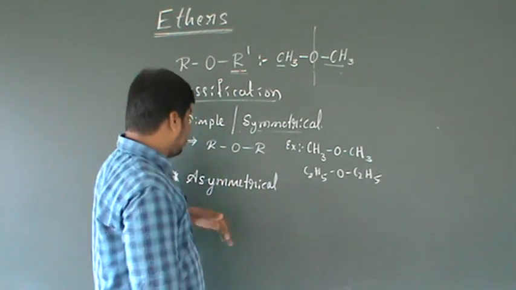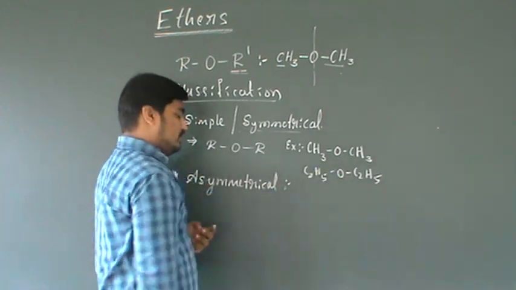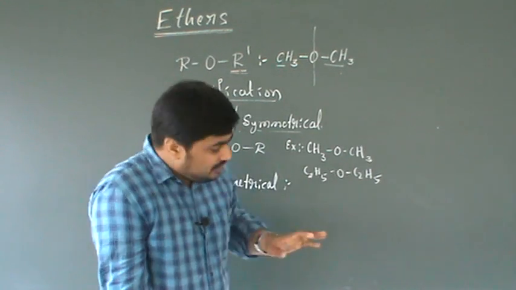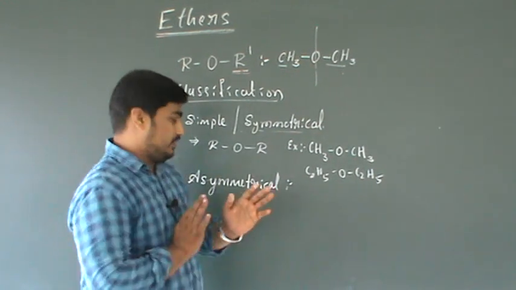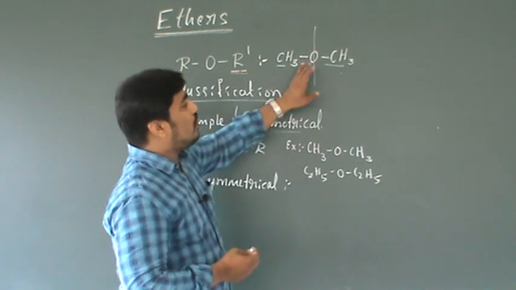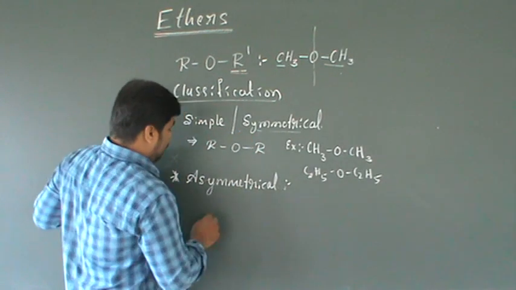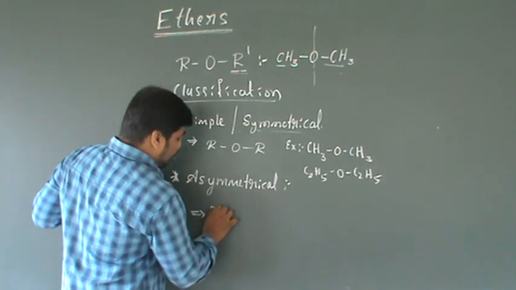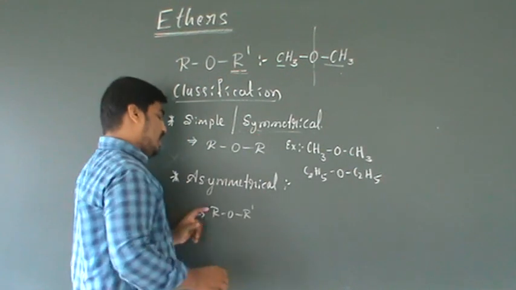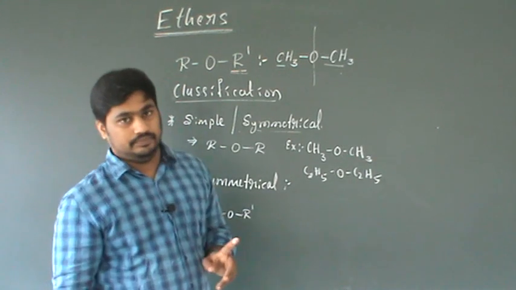Next type is asymmetrical ether. What do you mean by asymmetrical ether? As the name indicates, there is no symmetry around the oxygen of the ether. Therefore, the general formula becomes ROR dash, where R is not equal to R dash.